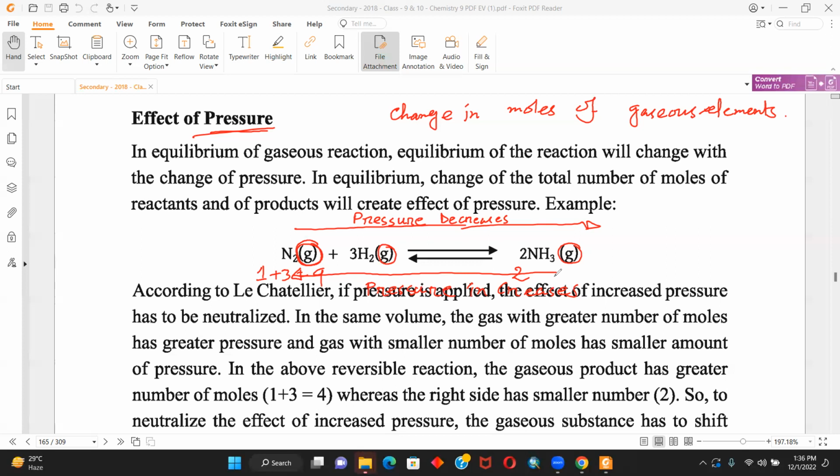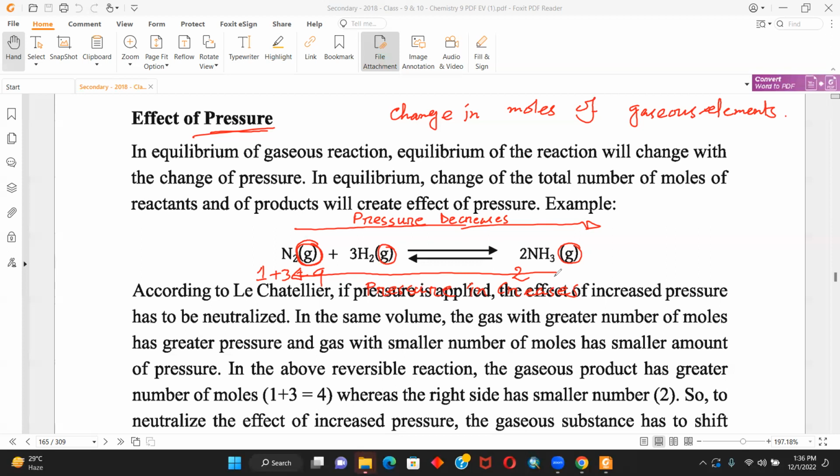Forward. That means the equilibrium would shift in the forward direction, or the rate of the forward reaction will increase. Now, if I decrease the pressure, what will happen? It'll go backwards. Good.